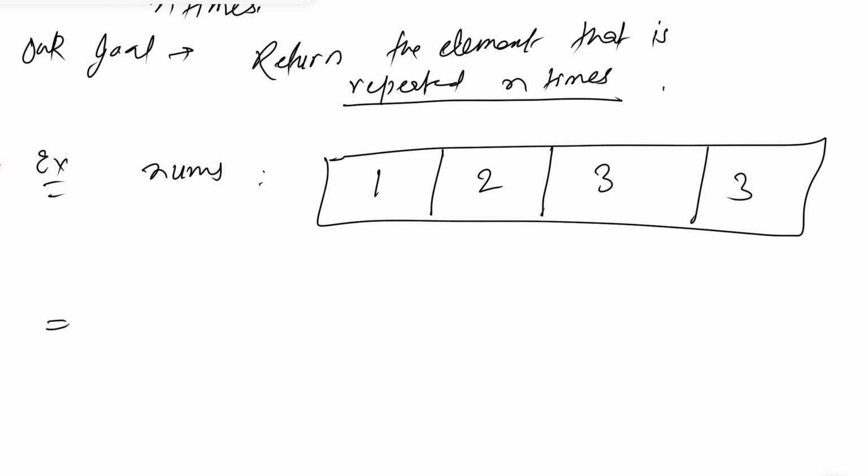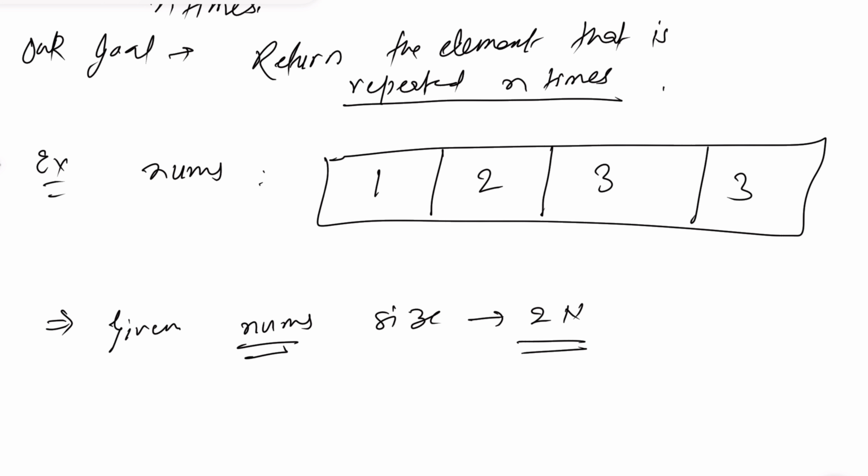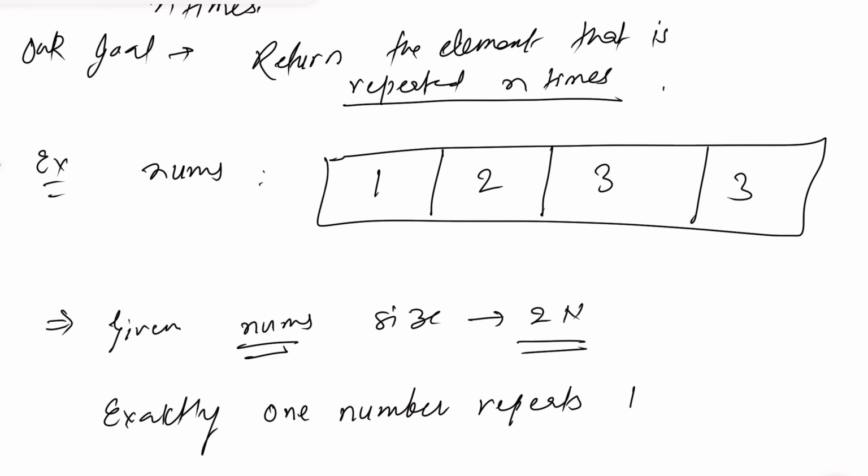As the question is saying, we have given the array called nums, and its size is nothing but 2n. But there is exactly one number that repeats n times.